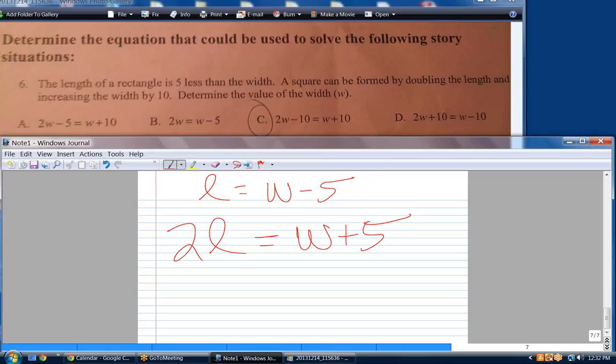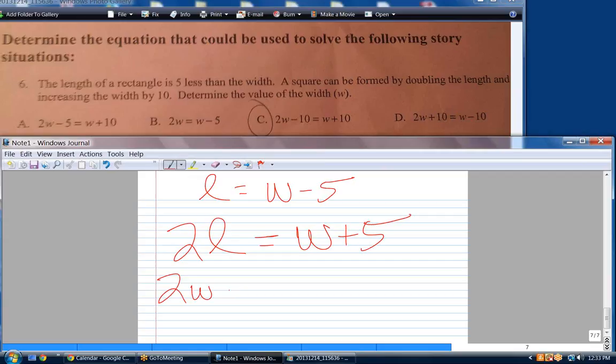Now what? If the length is doubled, it would turn into 2W minus 10 equals then the width plus 10.